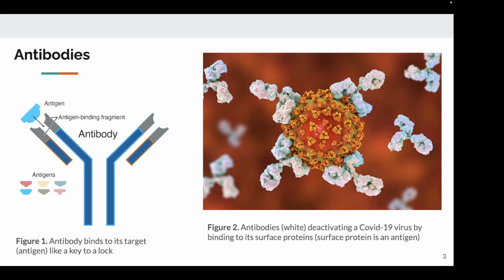And the goal of antibodies is to bind with a specific part of their structure called the antigen binding fragment to antigens, which are parts of the pathogens they target. So their goal is to bind to, say, a set pathogen. For example, like on this picture, four antibodies bind to a COVID-19 virus and they deactivate it.